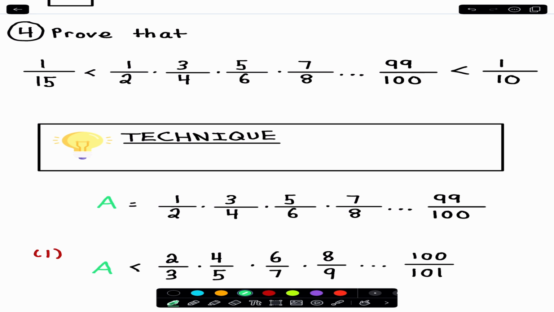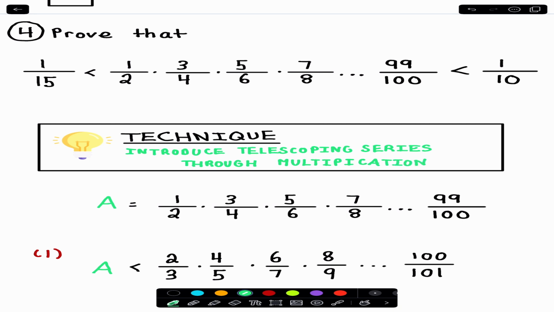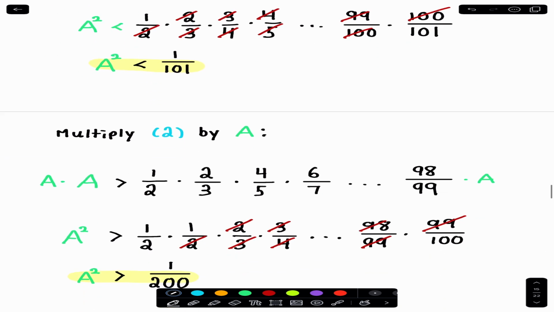So over here, the main technique is to introduce a telescoping series through multiplication. Awesome. Now let's get on to question 5.